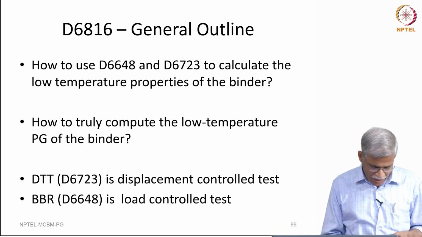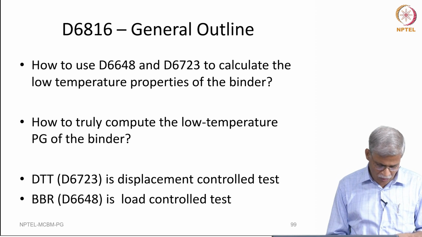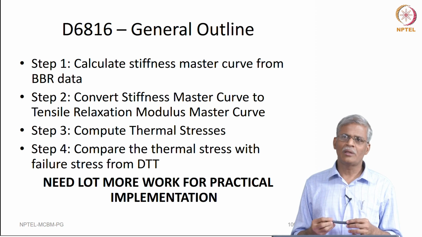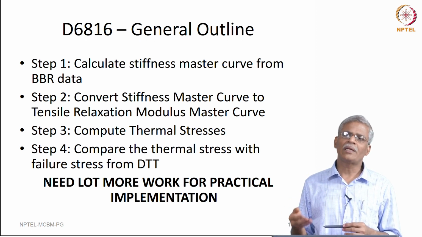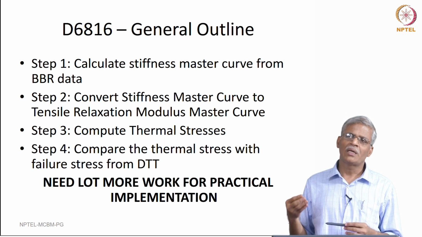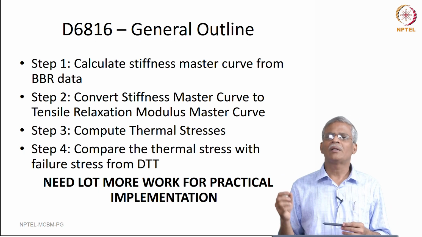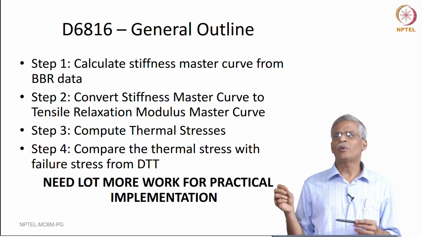So, now what we really do here is the following: you use the bending beam rheometer, and using the bending beam rheometer, what will we get? We will get the compliance, because you are applying the load and you get the strain per unit stress.